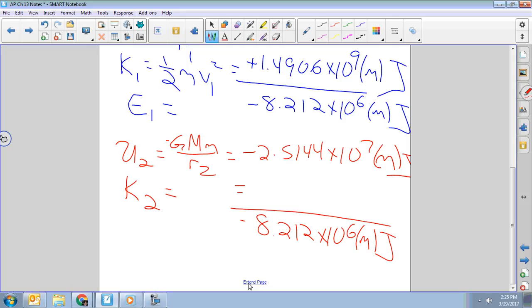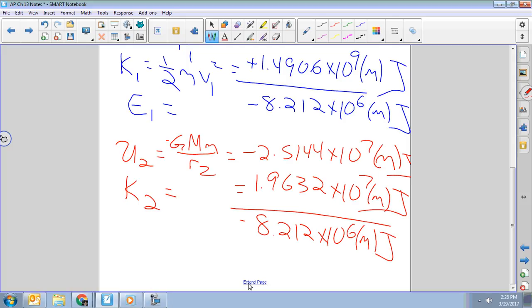Remember before I just had 54,000? If you use that number, the only way this works is if this kinetic energy here is negative. You can't have negative kinetic energy. So anyway, this ends up working. This number turns out to be 1.9632 times 10 to the 7th times m joules.